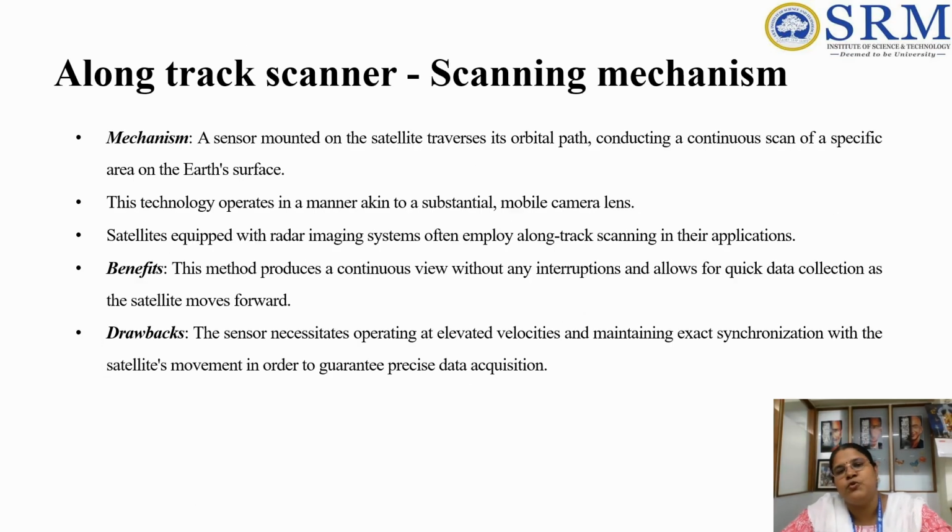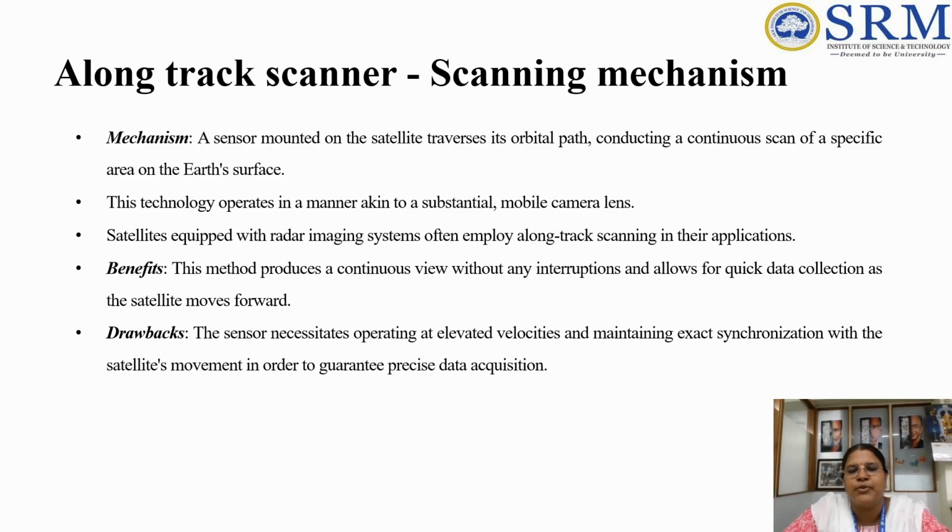So the mechanism used here is that the sensor is mounted on the satellite, traverses its orbital path, conducting a continuous scan of a specific area of the Earth surface. And this technology operates in a manner similar to a mobile camera lens. Satellites equipped with a radar imaging system often employ along-track scanning in their application.